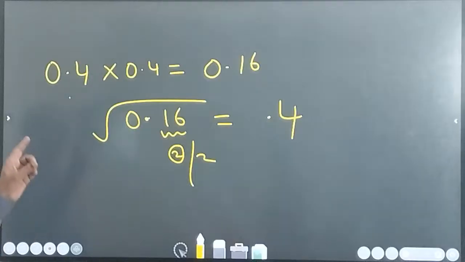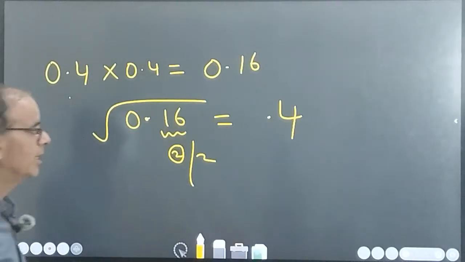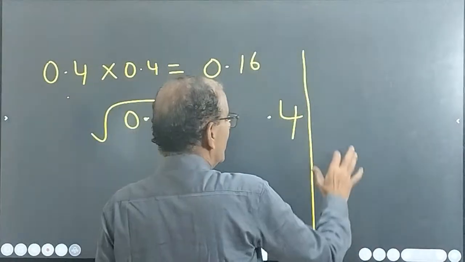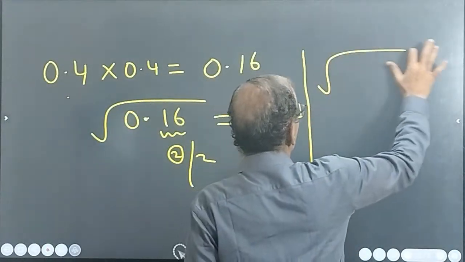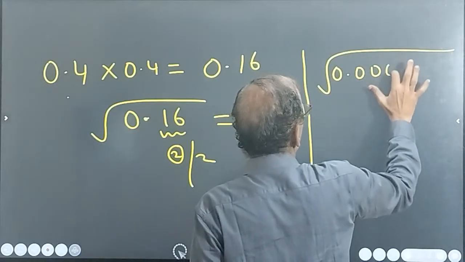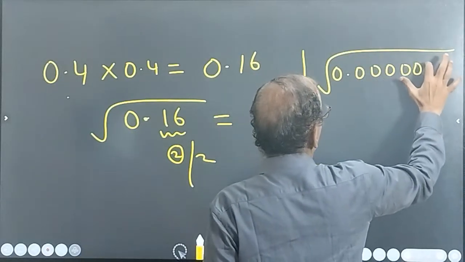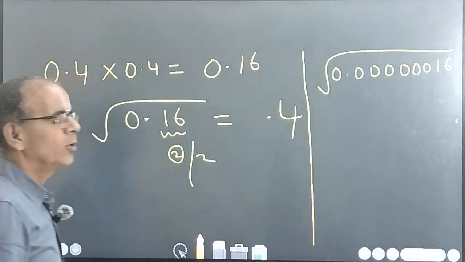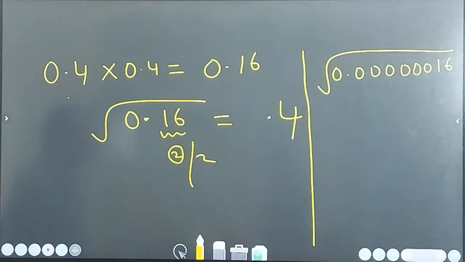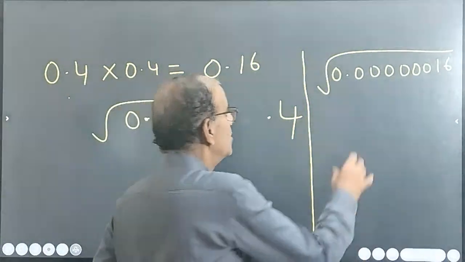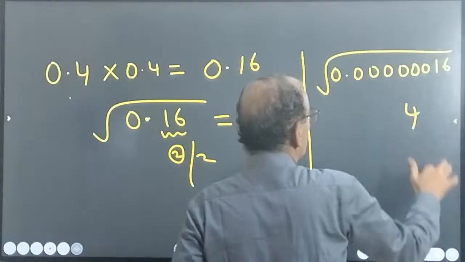Your examination question will not be this easy. How will they give the question? SSC, bank, etc. They give it like this. Find the square root of this number. How do we do it? The square root of 16 is 4.